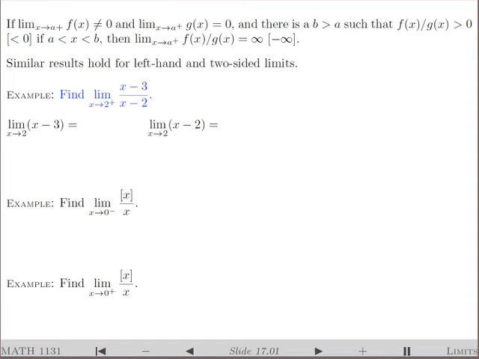x minus 2. As x approaches 2, x minus 3 approaches 2 minus 3, or negative 1, which is non-zero. But the denominator, x minus 2, approaches 2 minus 2, which is 0.